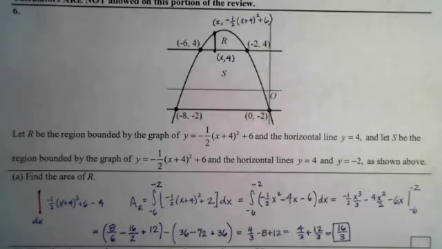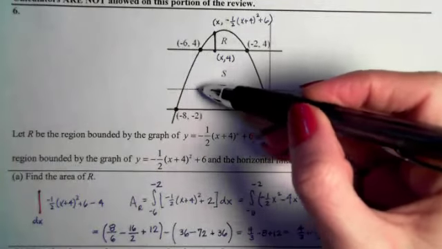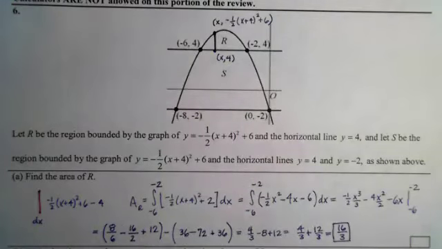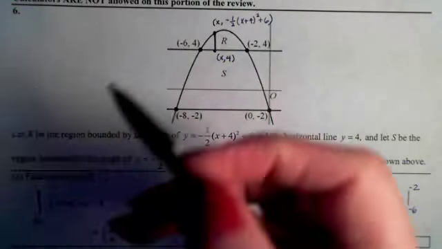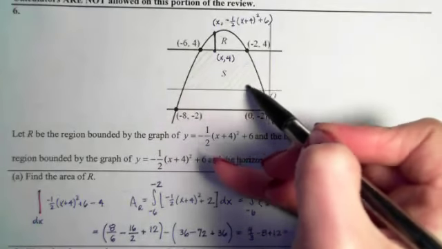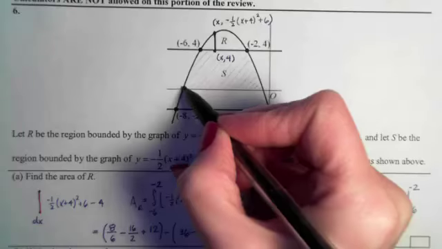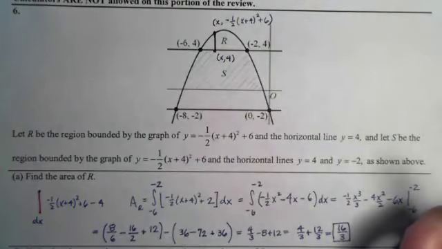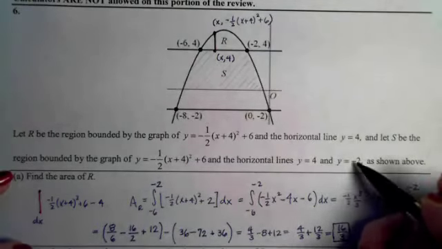Part B says I just want to write an expression that gives the area of S. So I'll scroll down in a sec so you can look at that. If I want the area of S, which is this piece right here, let me use a little pencil here. Does S go all the way to -2?